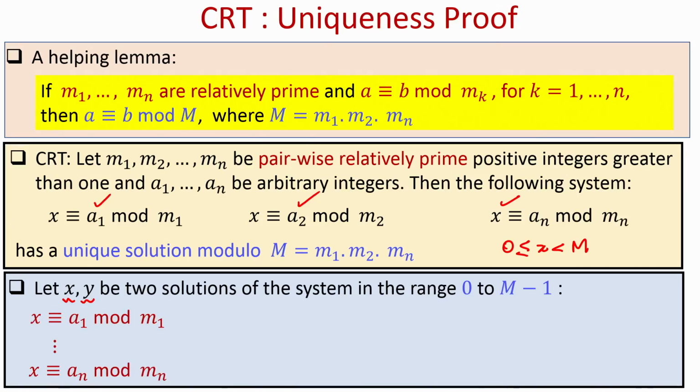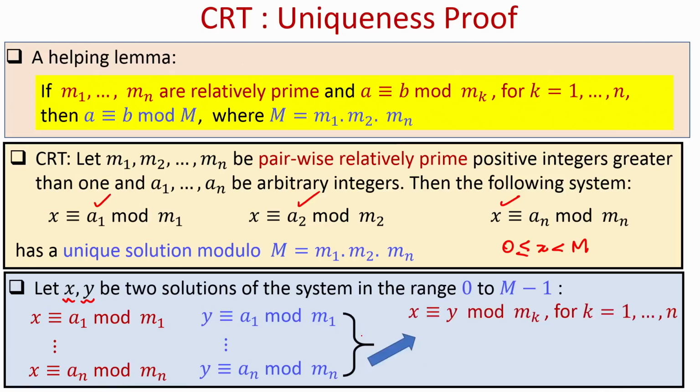That means x satisfies this system of n linear congruences, that means x is congruent to A1 modulo m1, x is congruent to A2 modulo m2, and x is congruent to An modulo mn. And similarly, since y is also a solution for the same system of linear congruences, this set of n linear congruences will also get satisfied.